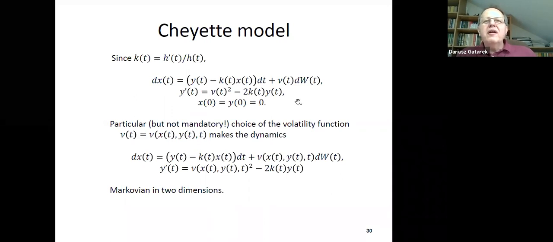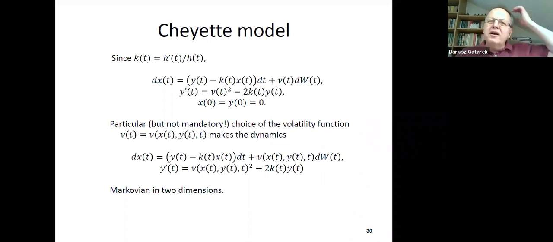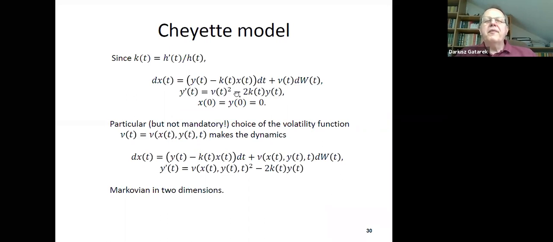So, you should work a bit with the Cheyette model to understand what I will say just now, that Y is called convexity adjustment. So this is the less important part, and sometimes omitted or replaced by a very rough approximation.